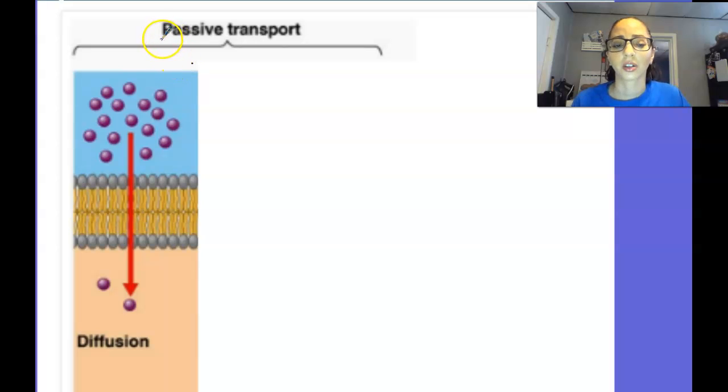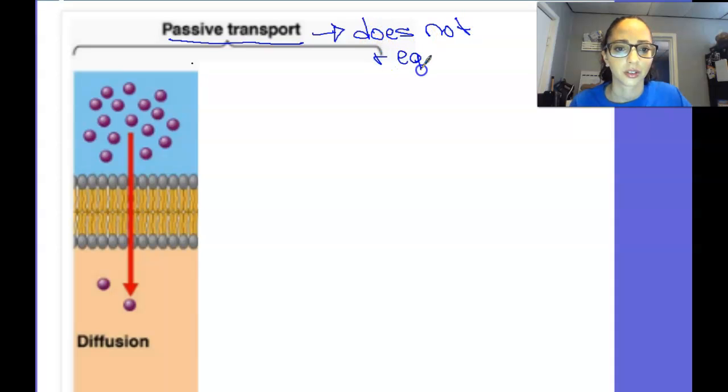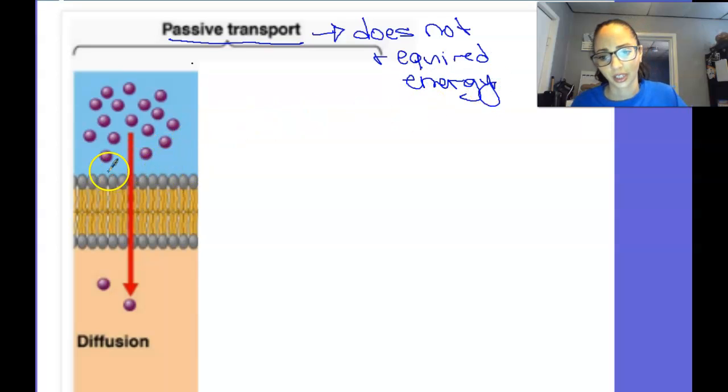Now we're going to talk about types of transport. So the first one is passive transport. Passive transport meaning does not require energy. Okay? That means, this is an example here of the cell membrane.